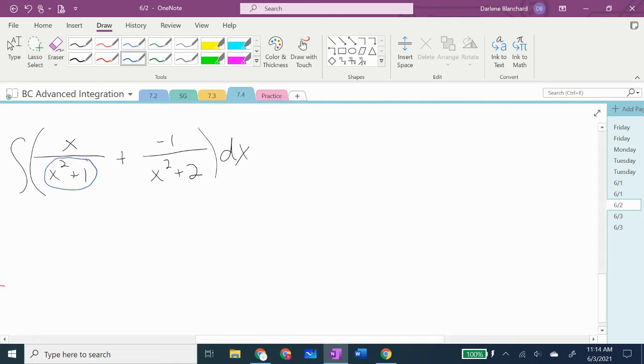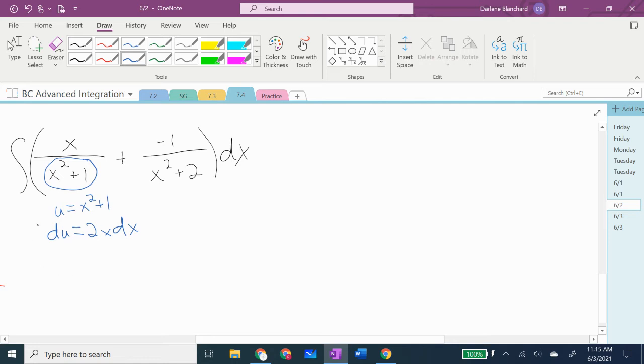For my first term, my u is going to be x squared plus 1. Or I should say the first integral is going to be u substitution. The second one is going to be trig substitution. My derivative is 2x dx.